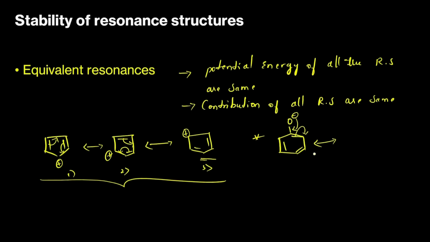Therefore, the structure is double bond O, here double bond, here negative charge. In this case, the negative charge is present on oxygen and here the negative charge is present on a carbon atom. Therefore, these two structures are non-equivalent.